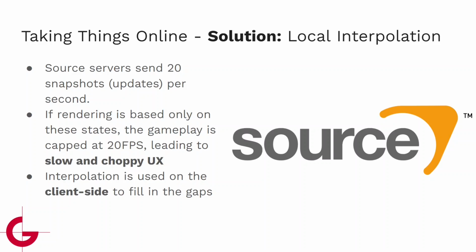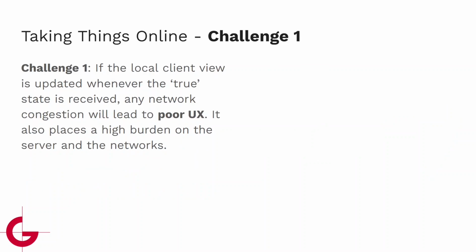So the server of this engine sends 20 updates per second. A quick reminder of the actual challenge is that if the local client is updated whenever the true state is received, any network congestion will lead to poor user experience.